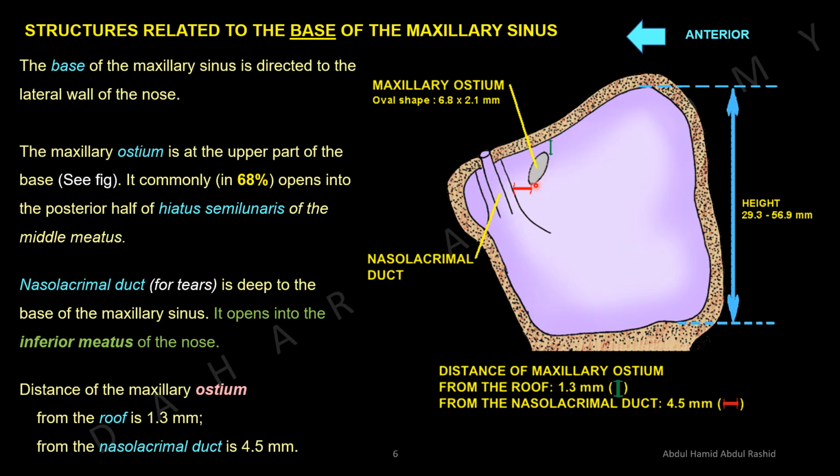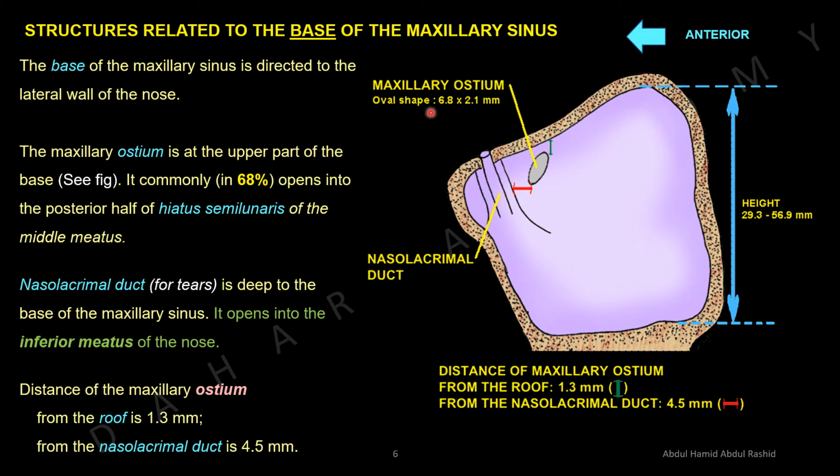Distance of maxillary ostium from the roof is 1.3 millimeter, and distance from the nasolacrimal duct is about 4.5 millimeter. The size of the maxillary ostium is about 6.8 by 2.1 millimeter.